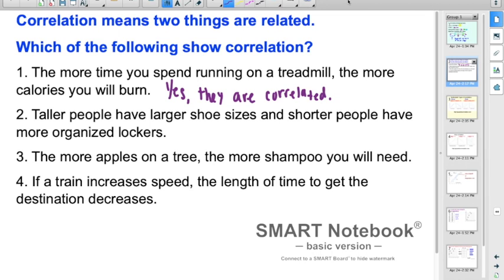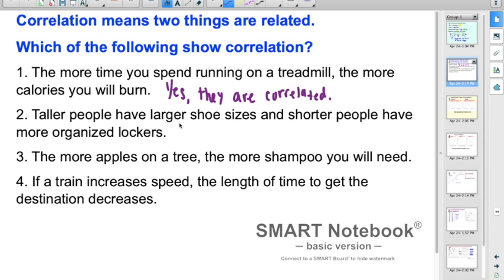Okay, but then if we look at number two, taller people have larger shoe sizes, and shorter people have more organized lockers. Now think about that. Are both of these things correlated? Well, you could argue that taller people have larger shoe sizes.